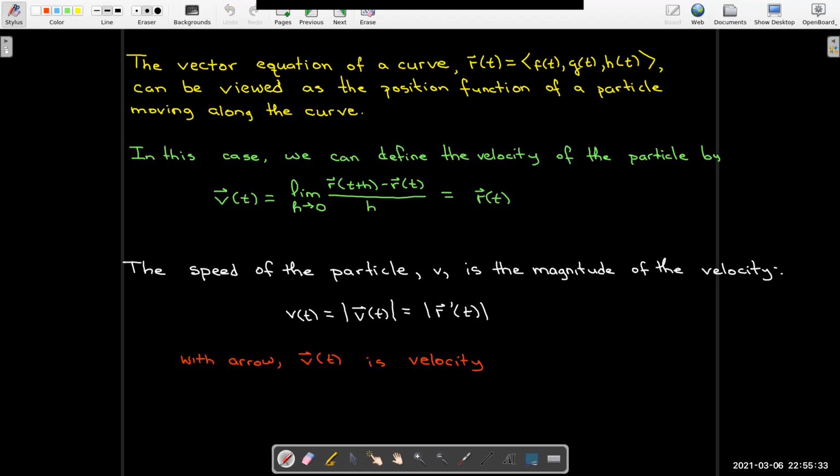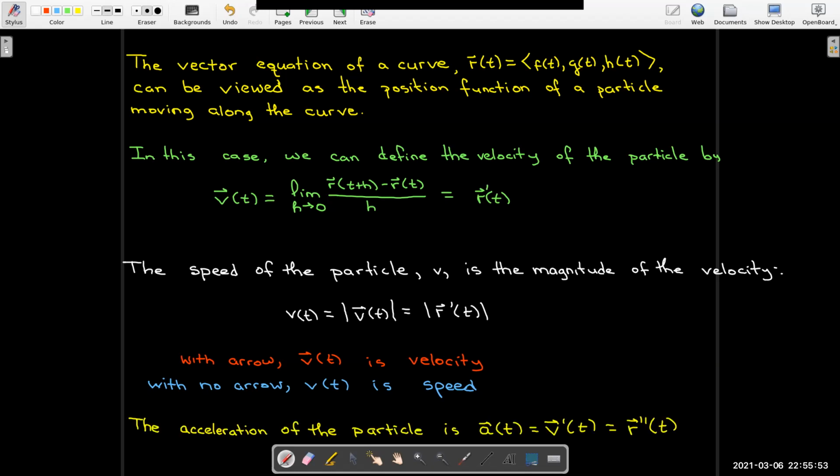And again, v with an arrow represents velocity, and v without an arrow represents speed. And then if I take the derivative of velocity, just as I did in previous classes, I'll get the acceleration. And it'll be the second derivative of the position function.